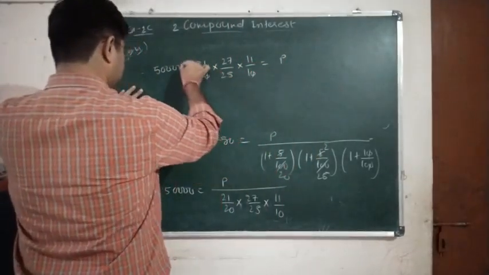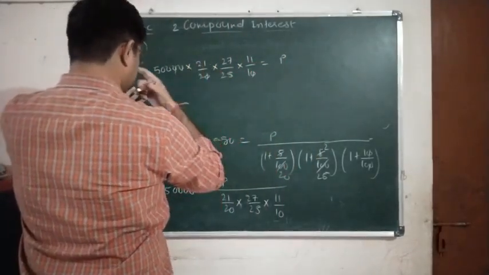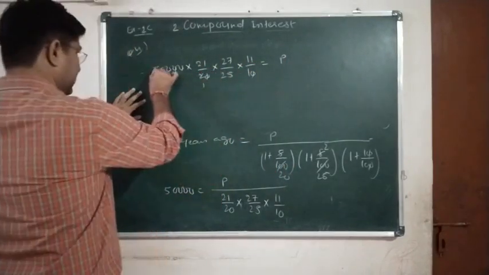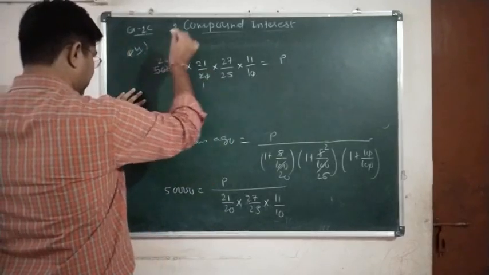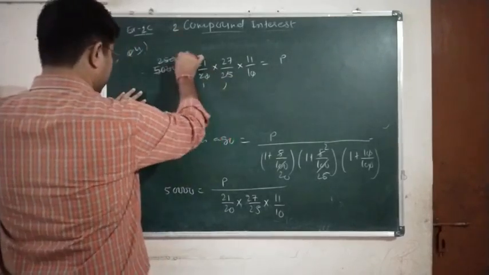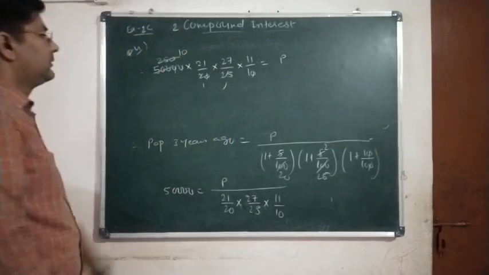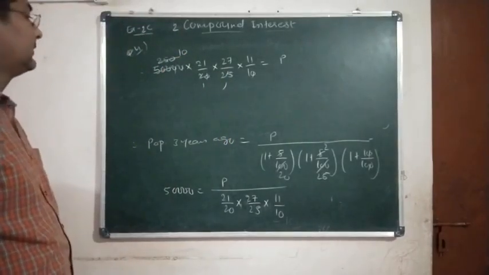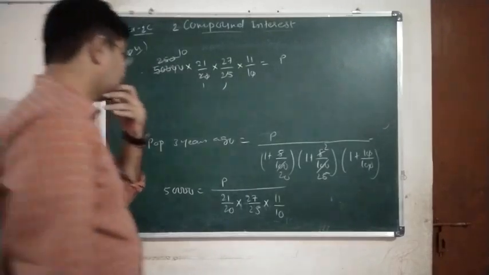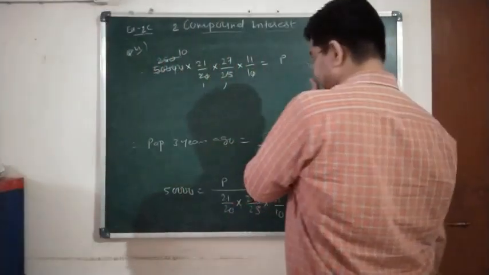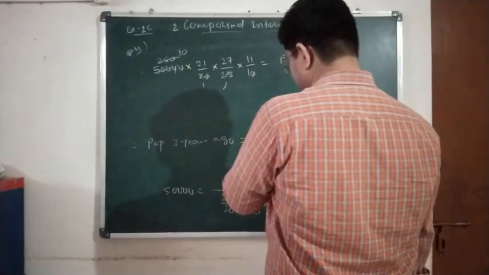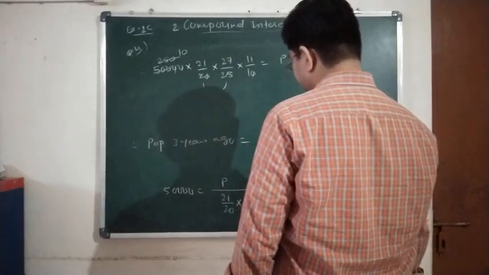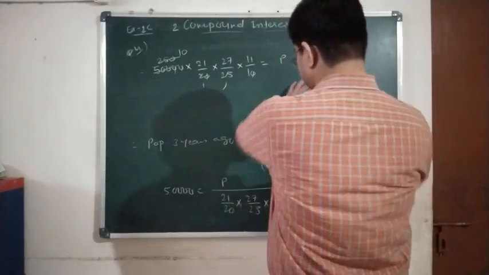Okay, 2 zeros we can reduce, and then by 2 ones are 2, 50s are 100, and 25 10s are 250. Now the remaining numbers we will multiply. Clear? So 21 11s are 231, into 27 into 10. So 270 plus 27 will be 297.